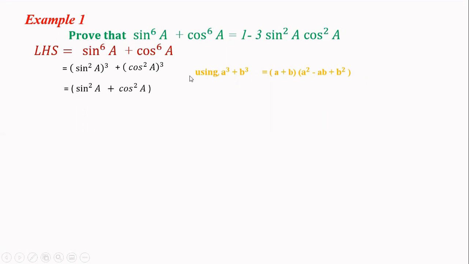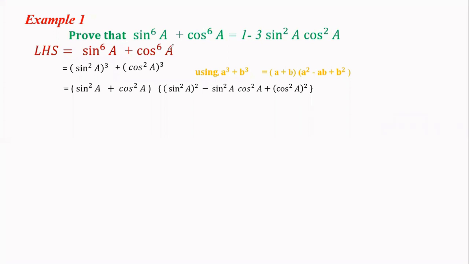Using it, we have the first bracket a plus b. Here we write sin^2 A in place of a and cos^2 A in place of b. So a plus b is sin^2 A plus cos^2 A. The second bracket is (sin^2 A) whole square minus sin^2 A cos^2 A plus (cos^2 A) whole square.